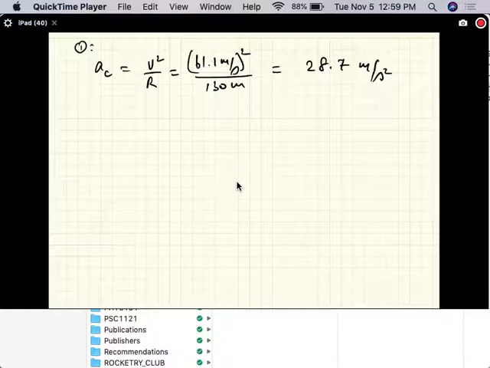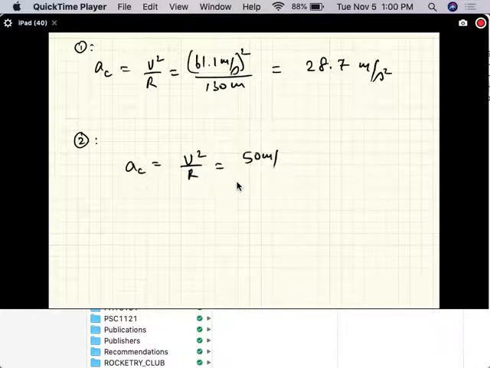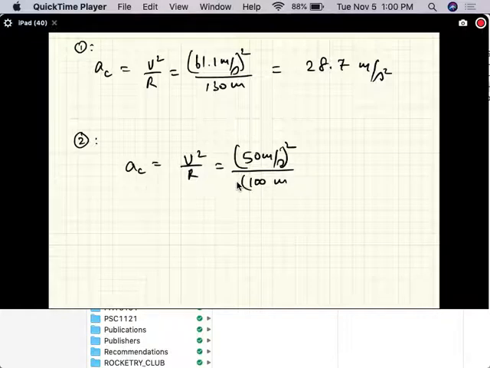So that's a 3 g turn. And the second one is a 2.5 g turn.